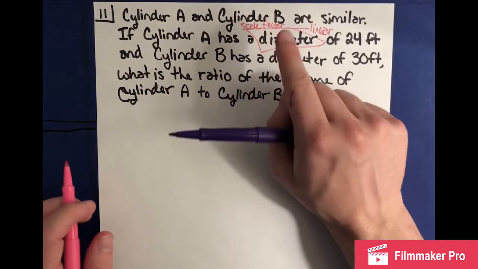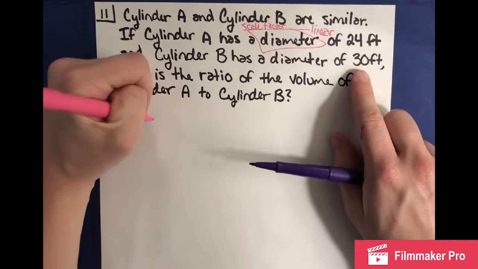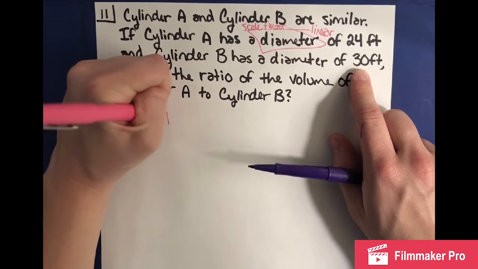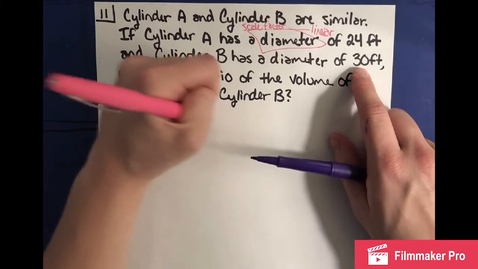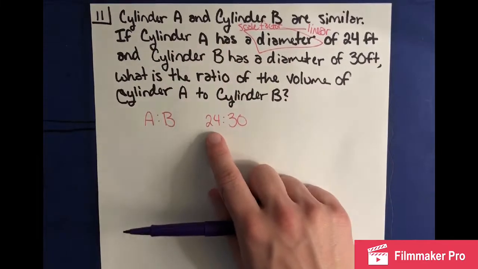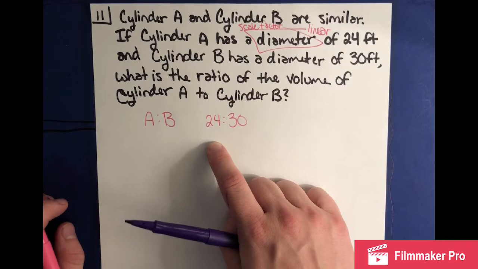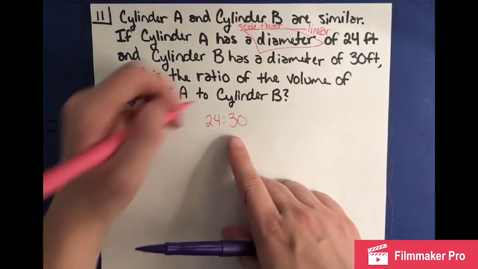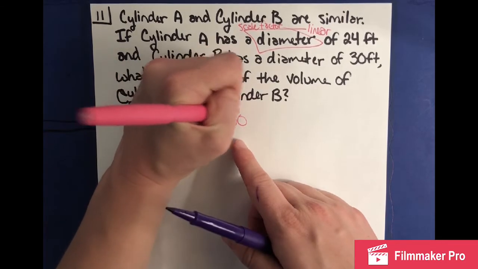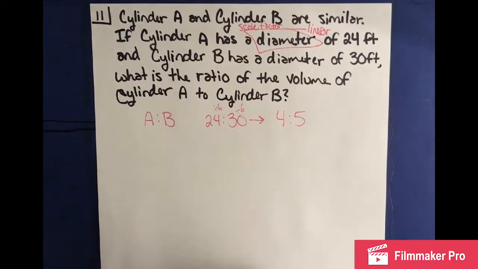A has a diameter of 24 and B has 30, so the A to B scale factor is 24 to 30. I already see that we have some numbers that can go into this. This can be simplified, and I already know that 6 goes into each, so let me just divide each by 6. I like them to be simplified as much as possible. This gives me 4 to 5.